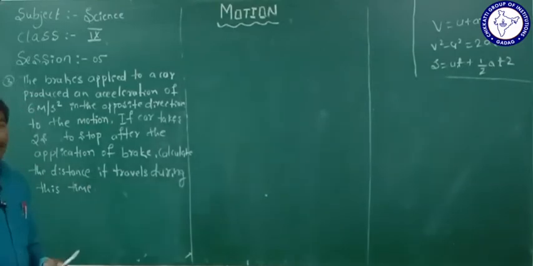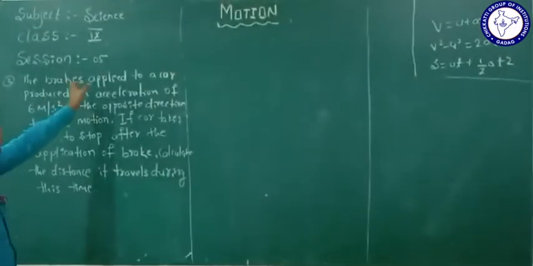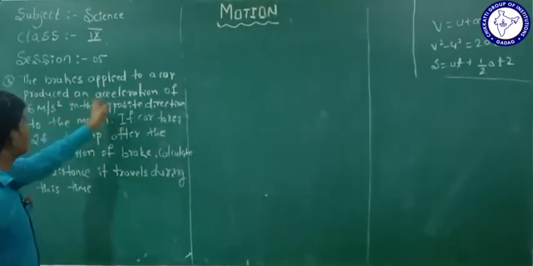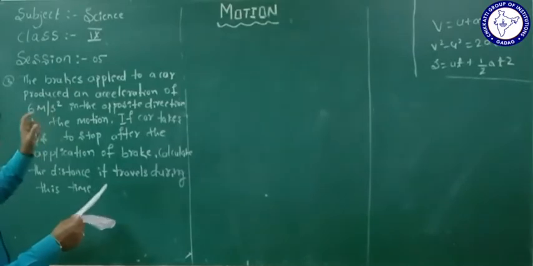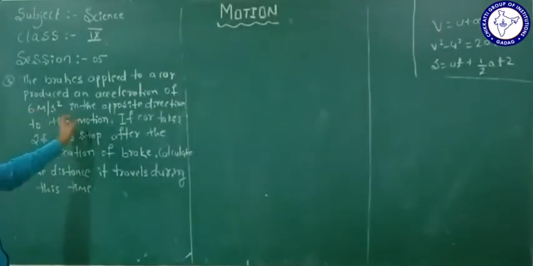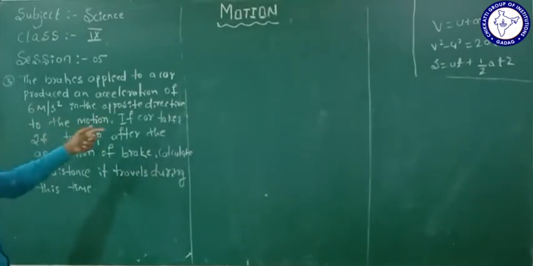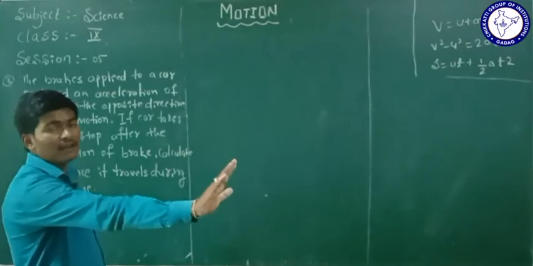Okay, once again you have to read the given example. The brakes applied to a car produced an acceleration of 6 meter per second square in the opposite direction to the motion. Listen here. Imagine that a car is moving.